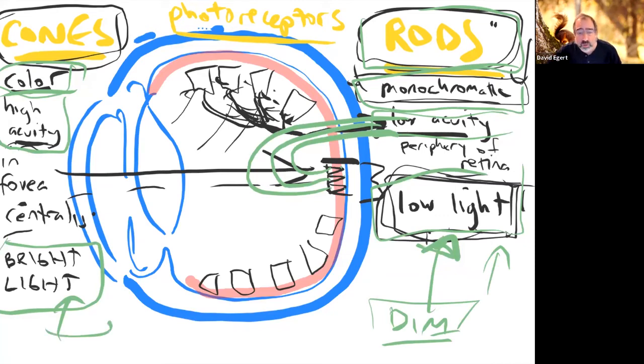Normally if we were in classrooms, I have these blackout shades and I actually run through the thing where you go back and forth between rod vision and cone vision so you can actually experience it. Because we can't do that, I have a little homework thing for you to do, which I'll just tell you right now. The basic idea is you need to find some place in your house.